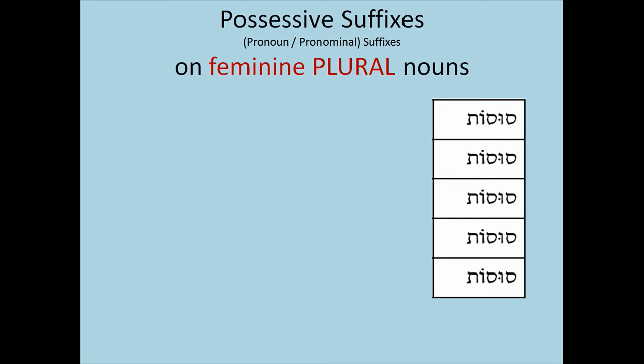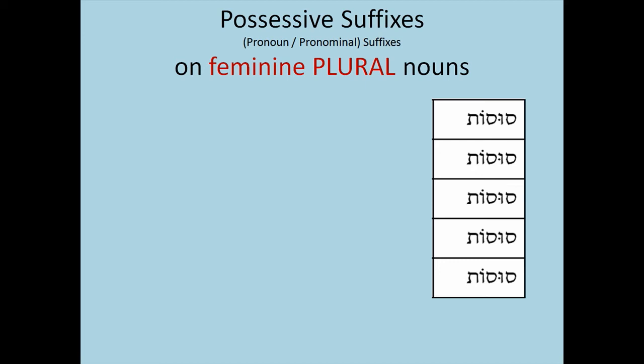Now these same suffixes that we just looked at are also going to be attached to feminine plural nouns. If you recall, plural nouns that are feminine end with ot, the holem vav and the tav. So we're going to be attaching the suffixes we just saw to feminine plurals.